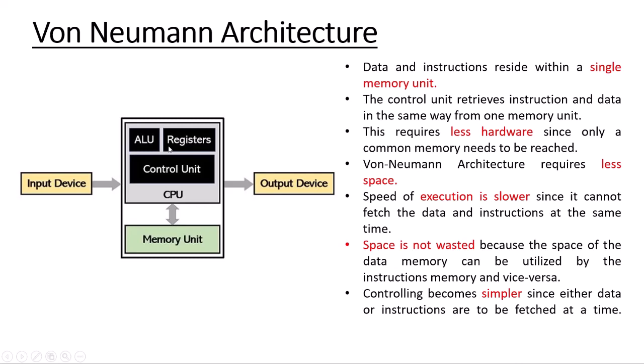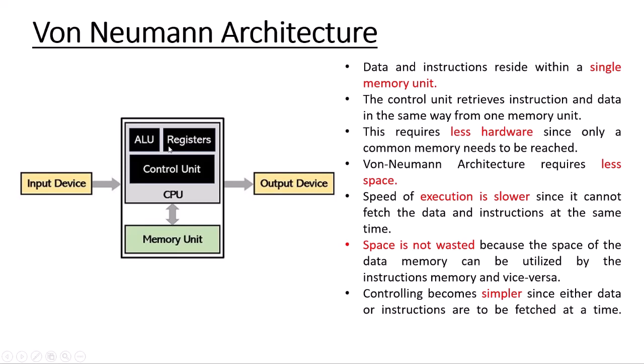Since data and the program are stored in a single memory unit, the space is not wasted. Suppose a particular memory location is not filled by an instruction, the same can be used to store data. And the operation of this architecture is very simple compared to Harvard architecture.